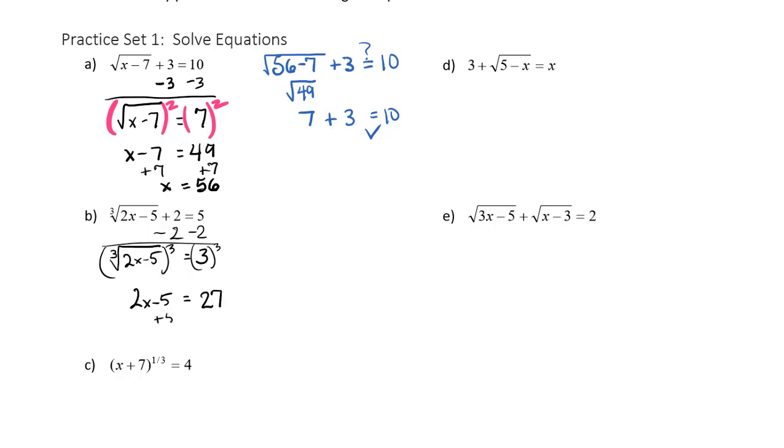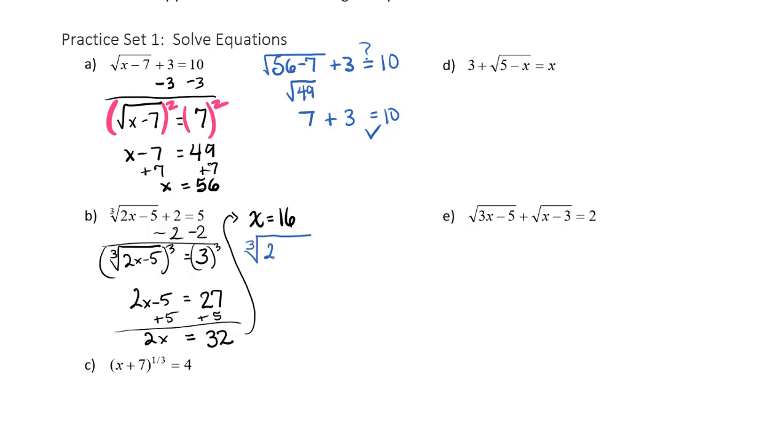Now add 5 to both sides. So 2x equals 32, and x equals 16.